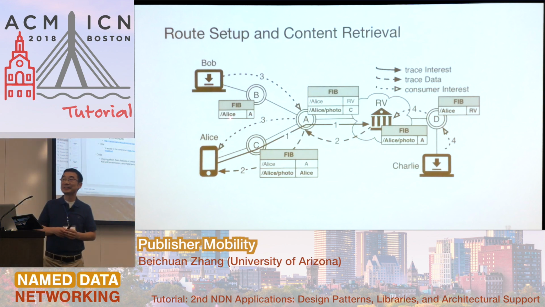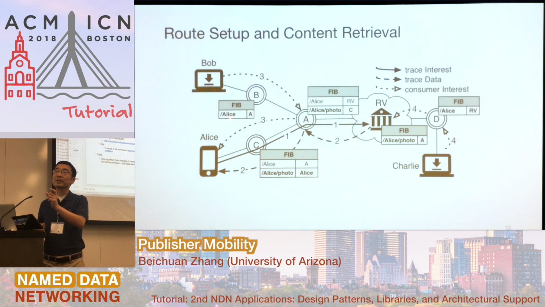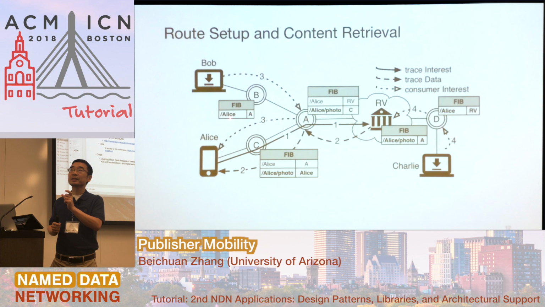Question? Yes. In case of Kite, do you need to define a new interest type? It's not a new interest type. It's the same type, same interest, same data, but in the name we have a special component called trace. So if you see this trace as a component, you know it's a special interest or special data.